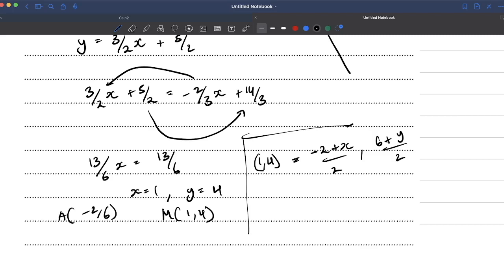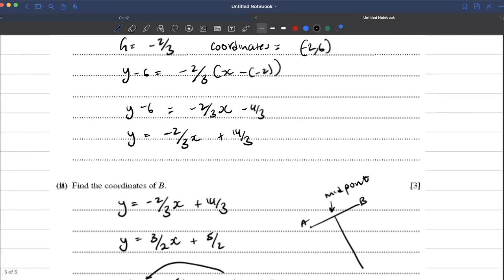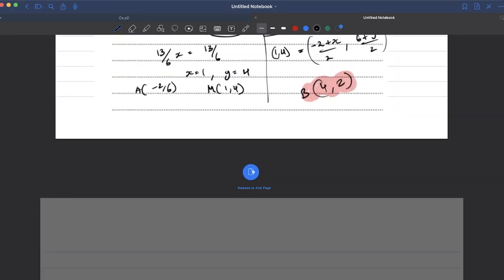So x will be 4 here, and then here it will be 6 plus 2, so 4, 2. So this is my coordinate for B. So the coordinate for B will be 4, 2, using the midpoint function. So that is this question. Let's move on to the next question.